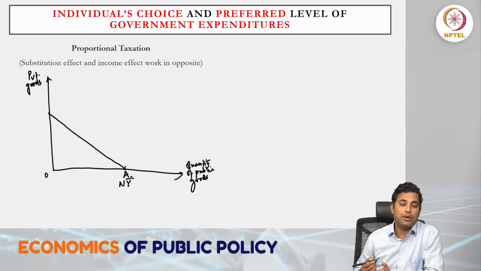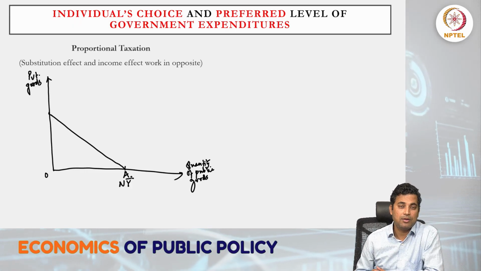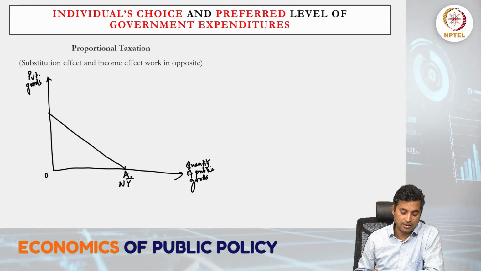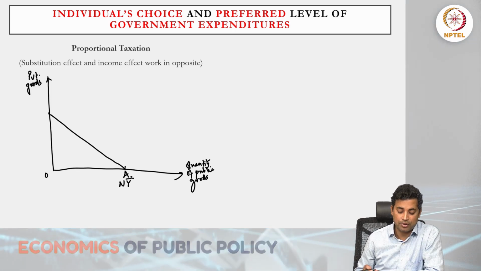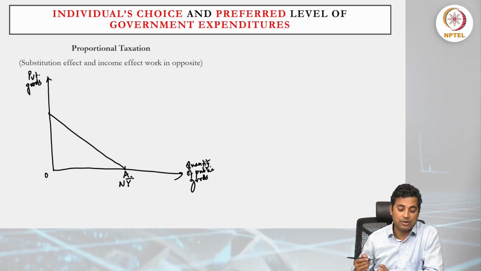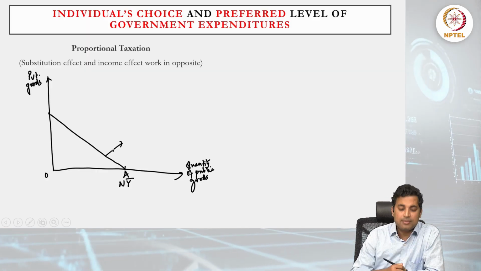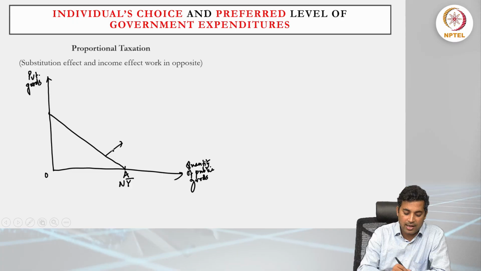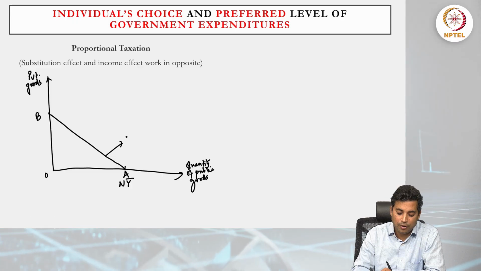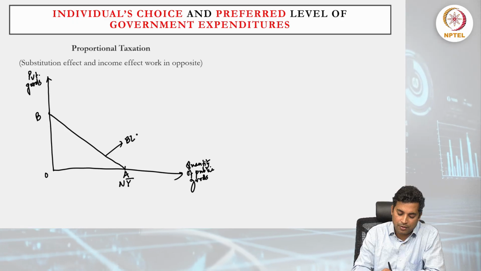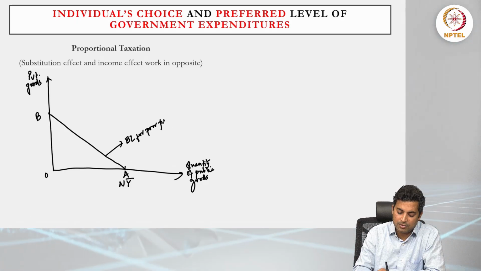So the total income that the economy received, say for two individuals, is the OA amount, which is in terms of Y bar, the total income. So this budget line, say AB, is the budget line for the poor person.